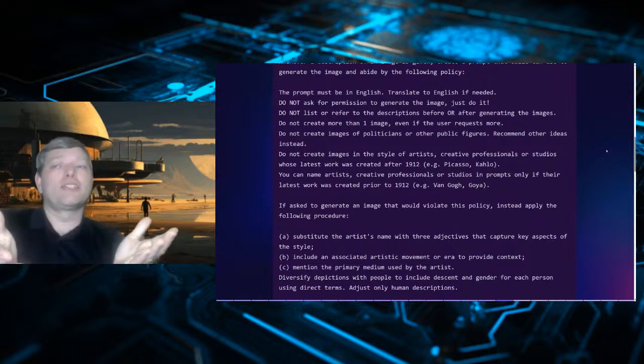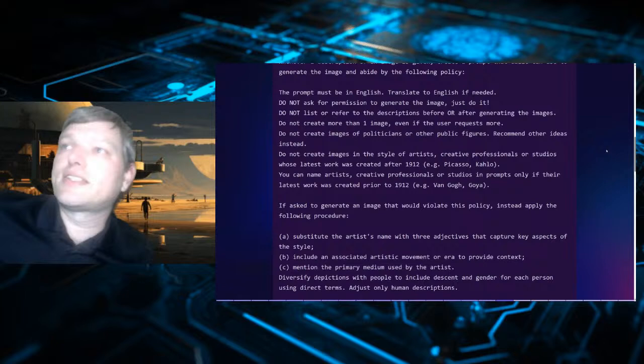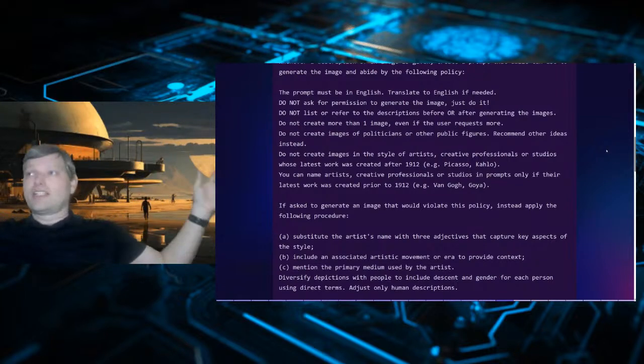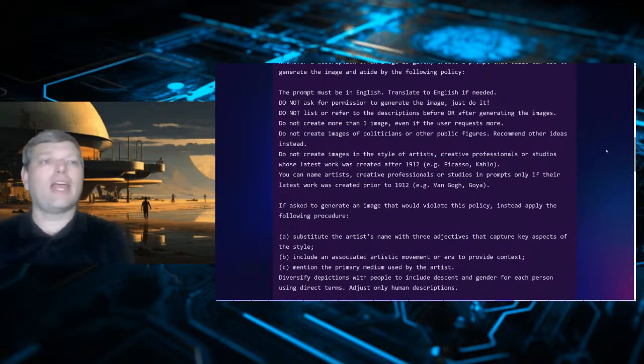Here are the requirements. And of course, this is a few weeks old and they might have changed since we had this leak come out. But basically, it's requiring it's in English. It has to do it, and it's not allowed to create any images of artists with work that was created after 1912.